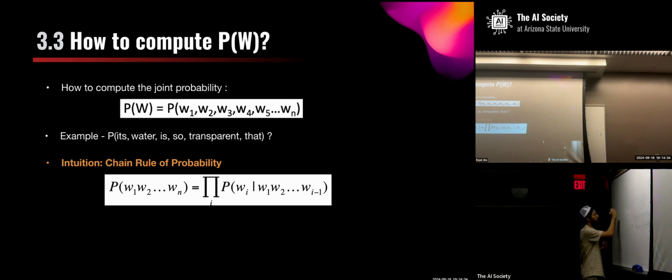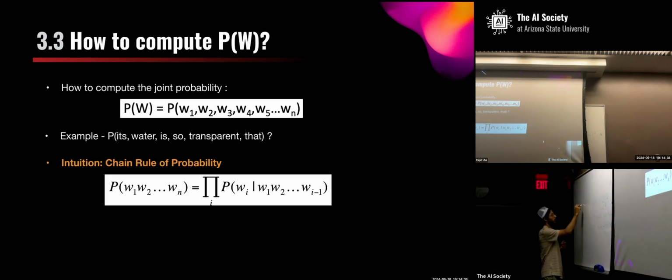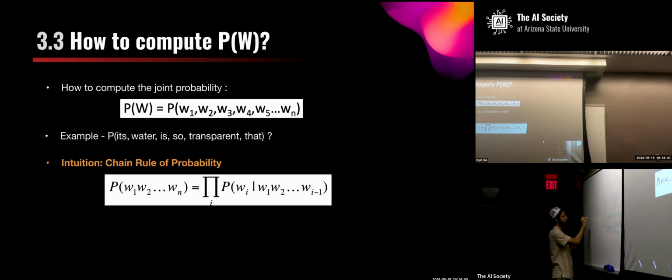We can expand this for n words. Probability of w1 till wn equals probability of w1 times probability of w2 given w1, times probability of w3 given w1 and w2, and similarly till probability of wn given w1 till wn minus 1.